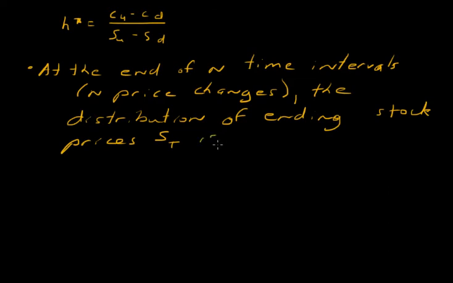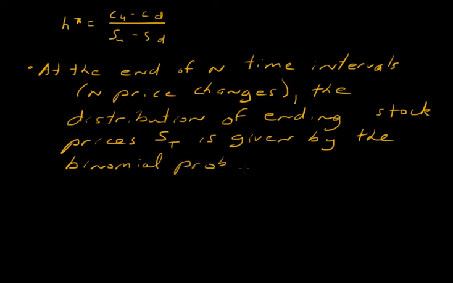So a little statistics here. And that should be pretty intuitive. We're only working at each node with 2 possible outcomes, so it's a binomial probability.